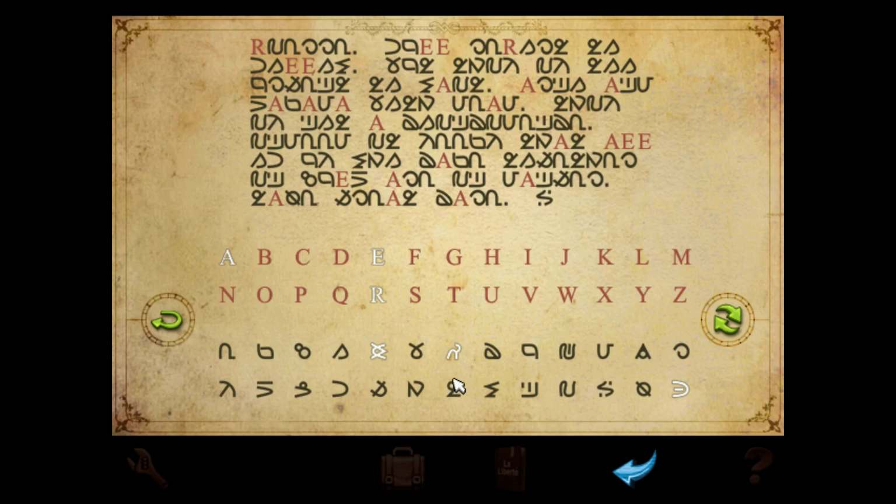Let's say that this symbol here, this triangle, is S. And how am I doing this? Really just guesswork. So this is S. That's almost certainly wrong.